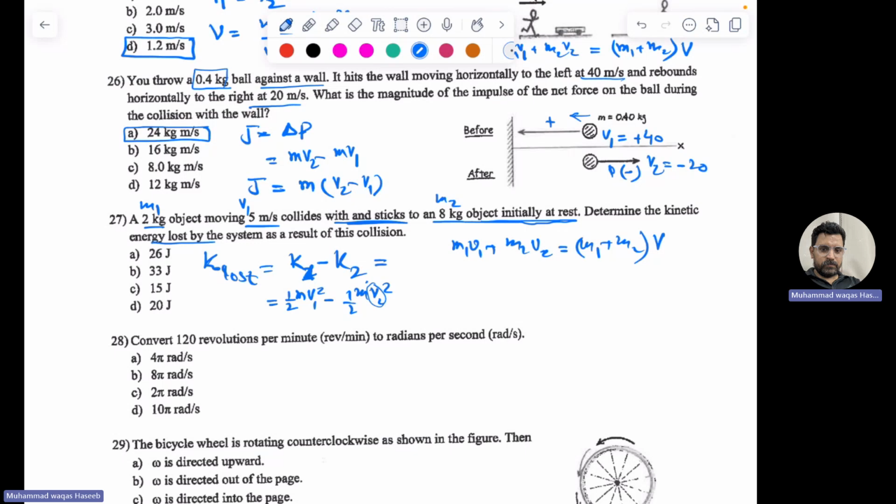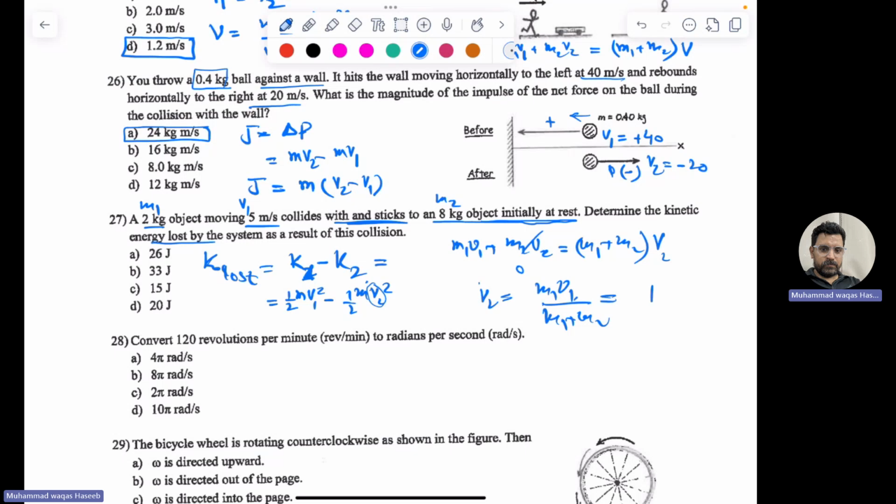They are moving with constant velocity, so we will get v from here. Because the second object is initially at rest, this v is nothing but m1 v1 over m1 plus m2.